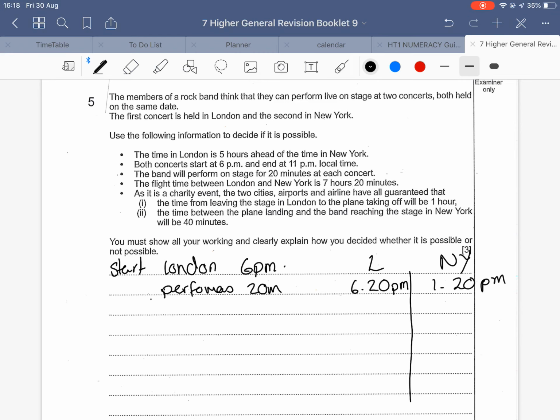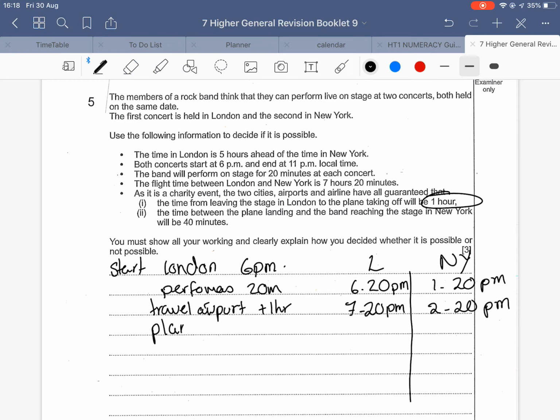Then they've got to travel to the airport. The time leaving the stage from London to the plane taking off will be 1 hour. So that's an hour later, plus 1 hour. So we've got 7:20 p.m. plus an hour, 2:20 p.m. Then after we travel to the airport, we've got to take the plane.